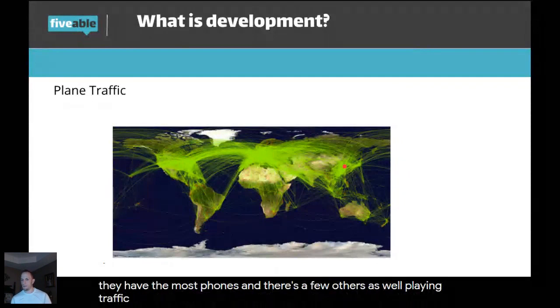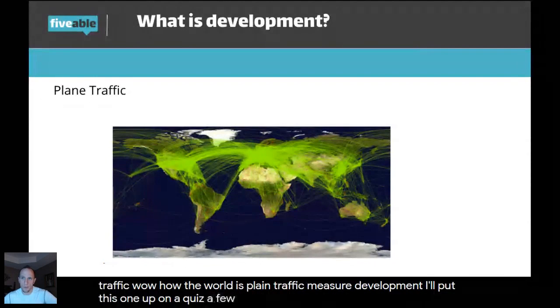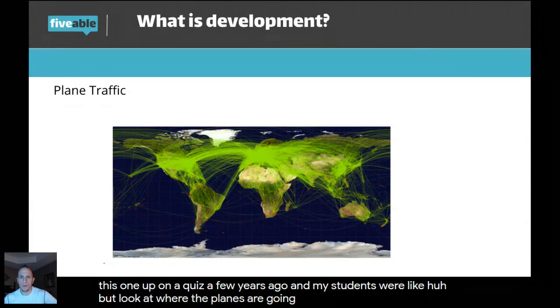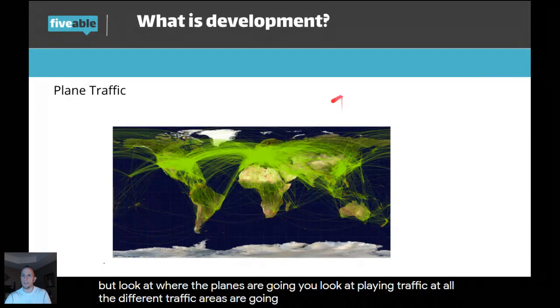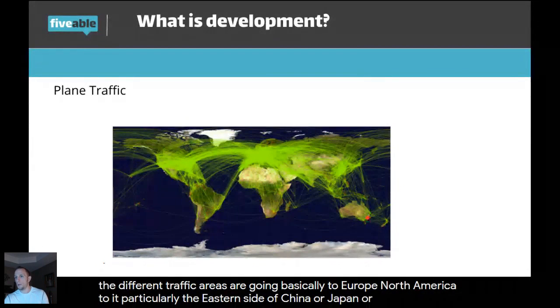Plane traffic. Wow. How in the world does plane traffic measure development? I put this one up on a quiz a few years ago, and my students were like, oh, but look at where the planes are going. You look at plane traffic, and all the different traffic areas are going basically to Europe, North America, in particular the eastern side of China or Japan or parts of Australia.